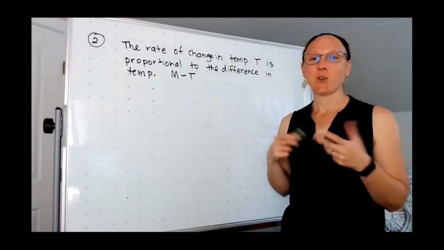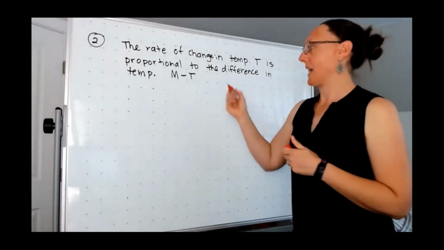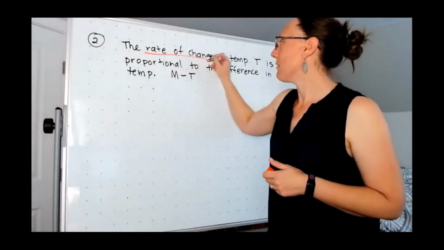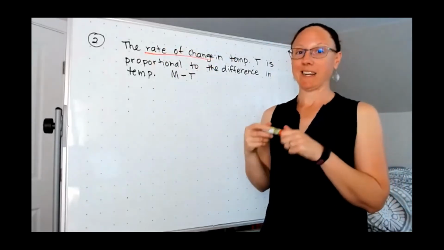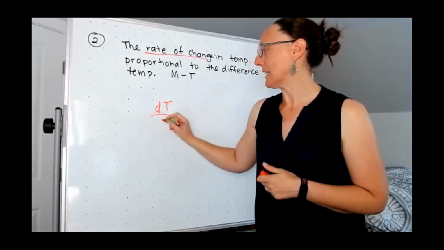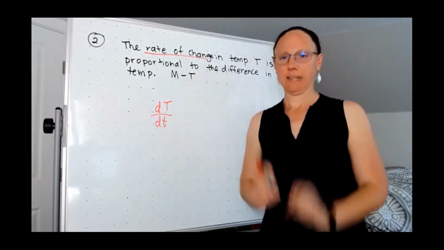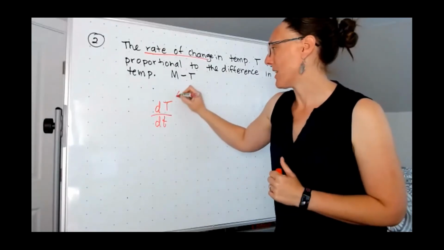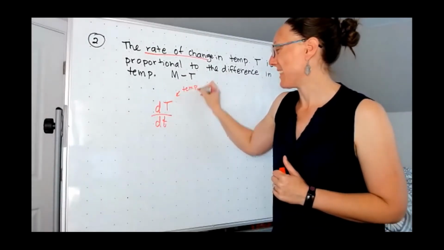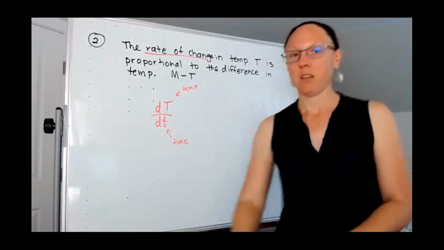Okay, so if we dissect the words in the same way here, rate of change means write a derivative. I'm going to have dT/dt, where the top T, I'm just reminding myself, is the temperature and the little t is time.